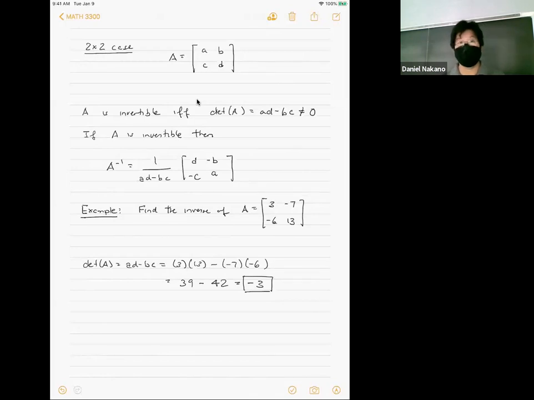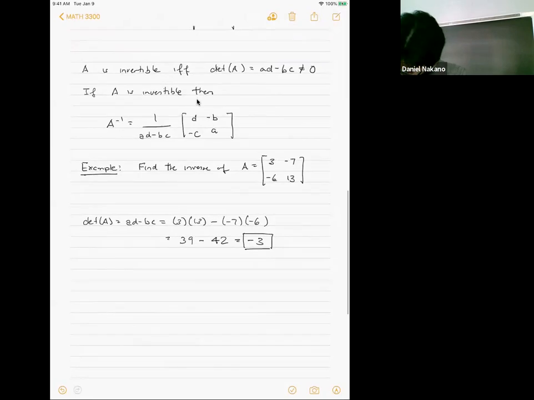And so now what we can do is we can write the formula for the inverse. So A inverse is 1 over -3. That's AD minus BC. All right, so who could tell me what the first entry is going to be?